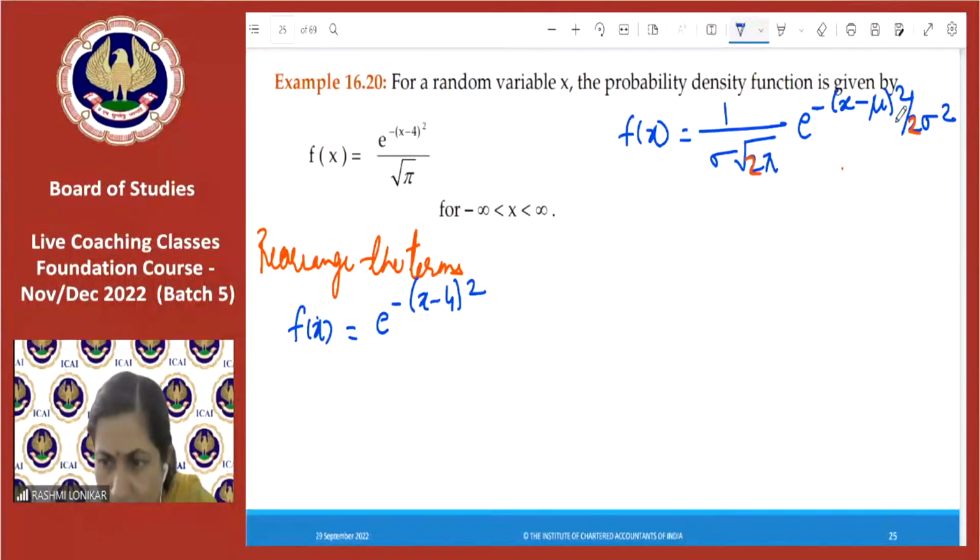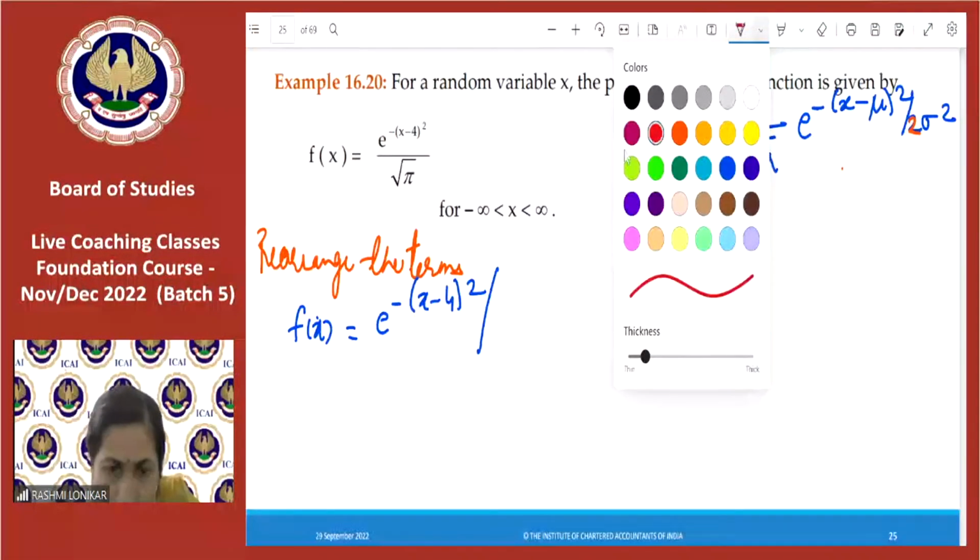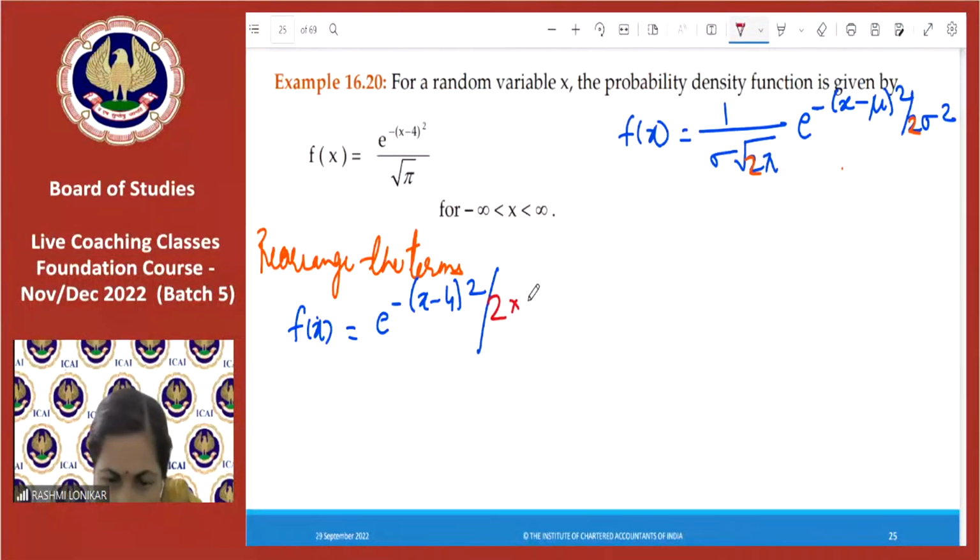This I already have over here. Upon 2 sigma square I don't have. So what do I introduce? I introduce 2 into 1 half. So 2 cancels. So what will I have in the denominator? 1 only. So here instead of writing 1, I am writing 2 into 1 by 2.